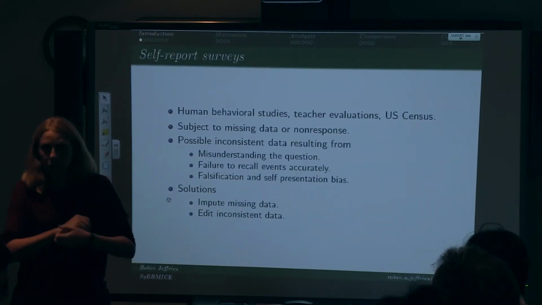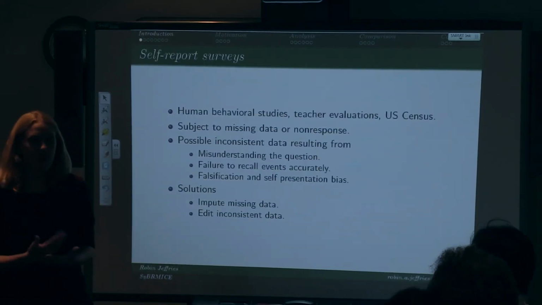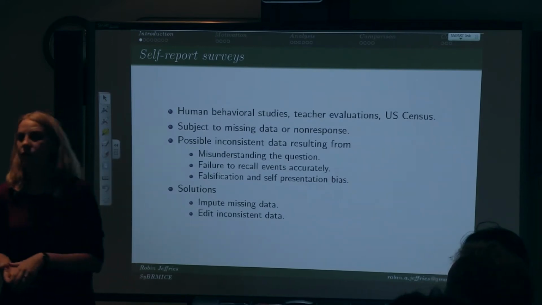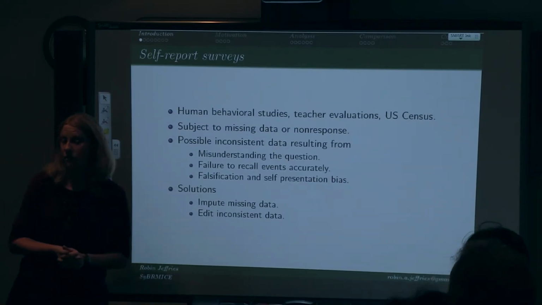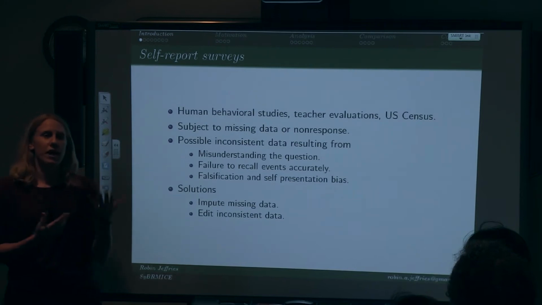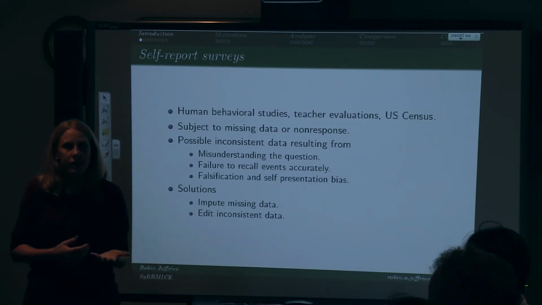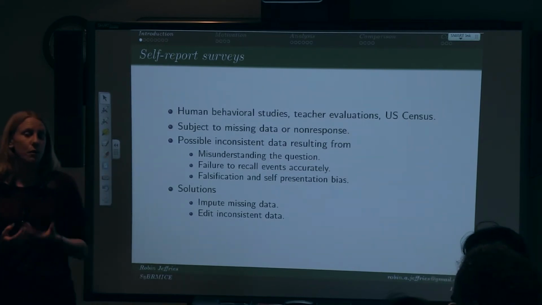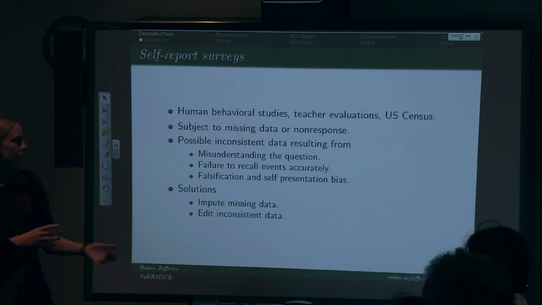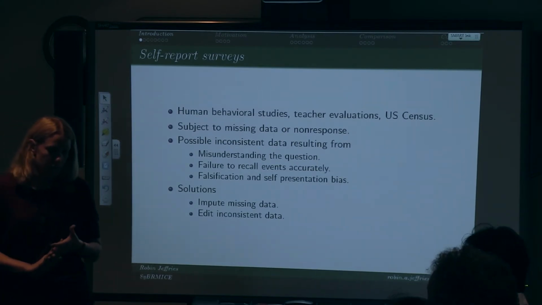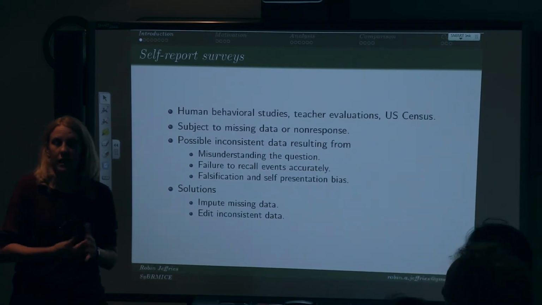So, in your field of research, you all know what self-report surveys are, and the type of data that can be generated from them. They're behavioral studies, or teacher surveys, or the census, and they're always subject to some sort of missing data or some sort of inconsistent or erroneous data. We don't always know why the data are inconsistent or erroneous.